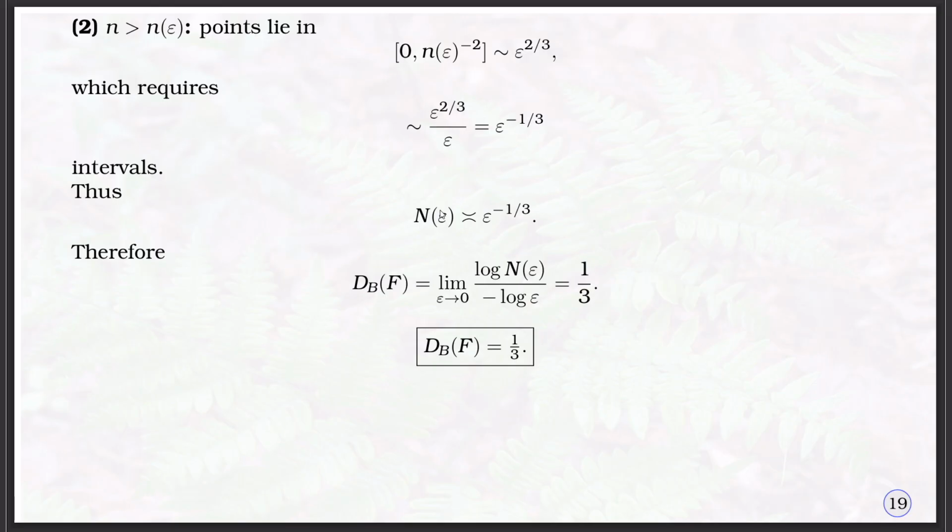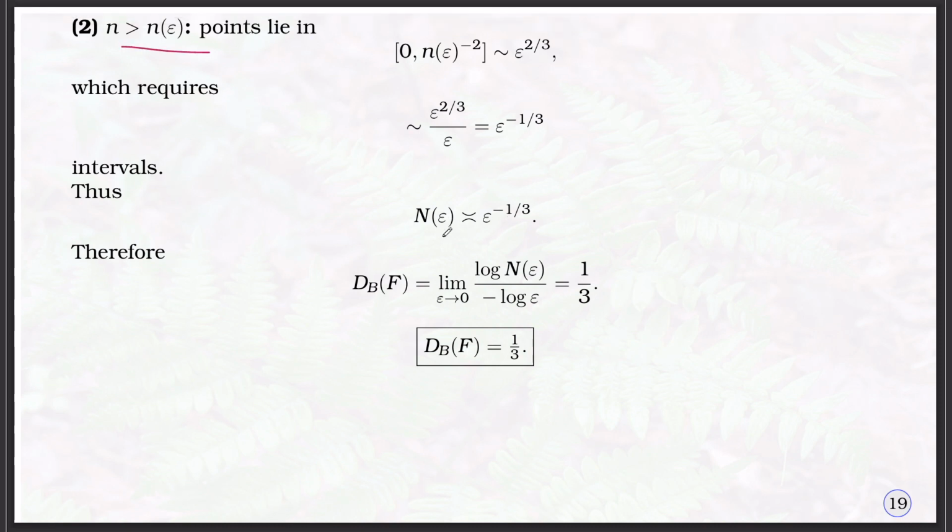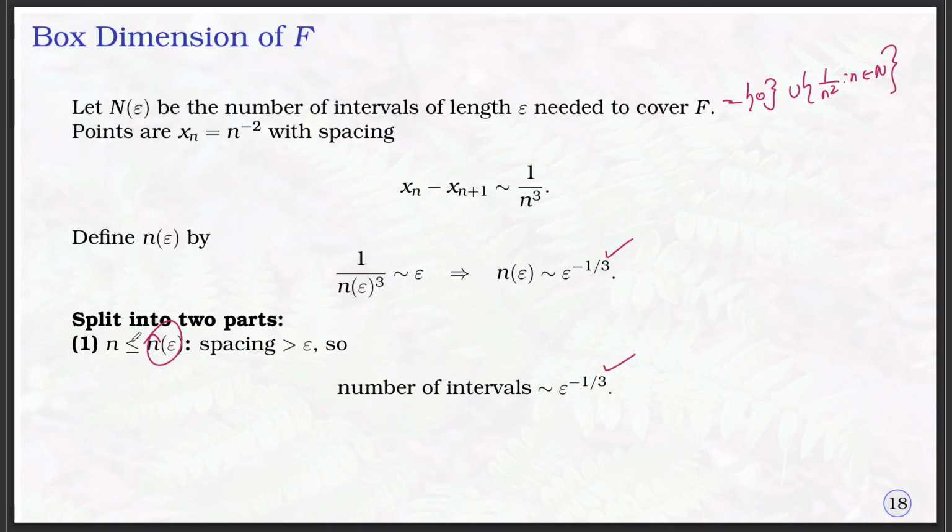So in both cases, N(epsilon) is proportional to epsilon power minus 1 by 3.